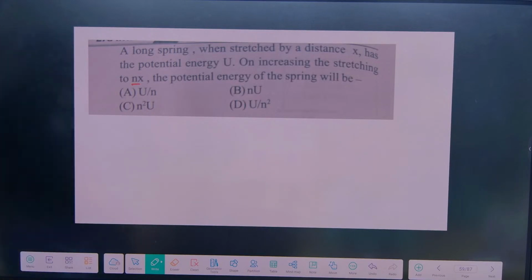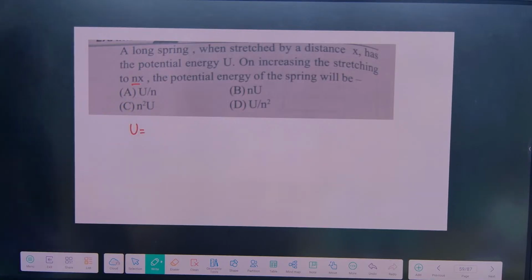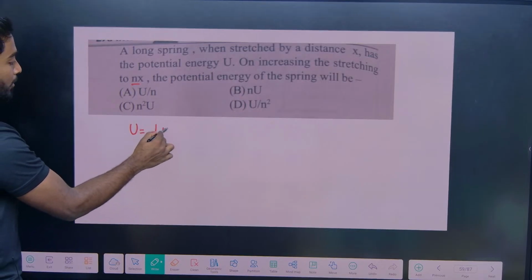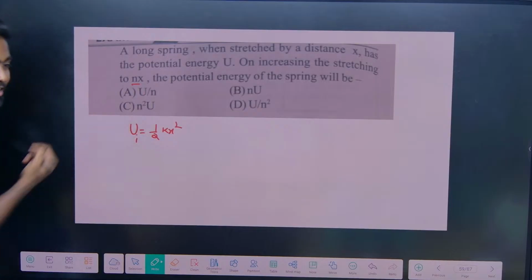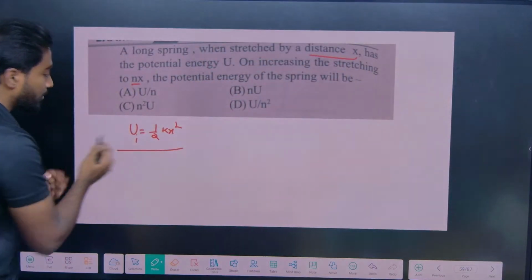What is the formula for potential energy? 1 by 2 k x square. This is the initial, where the distance is x.